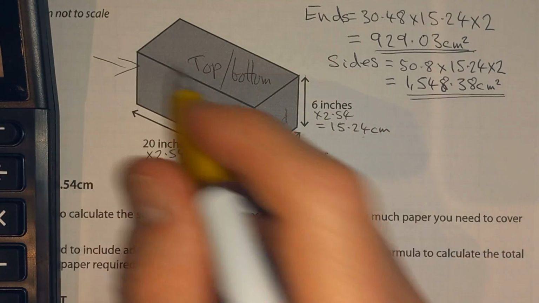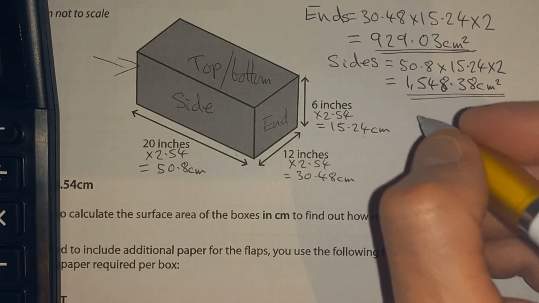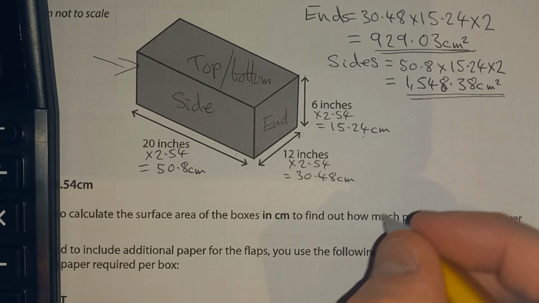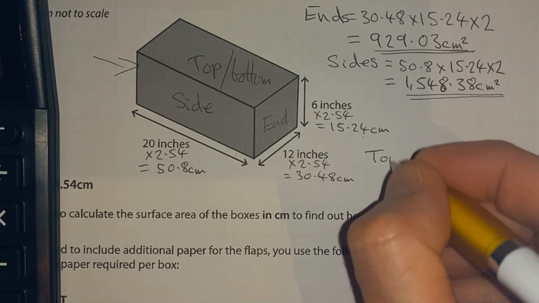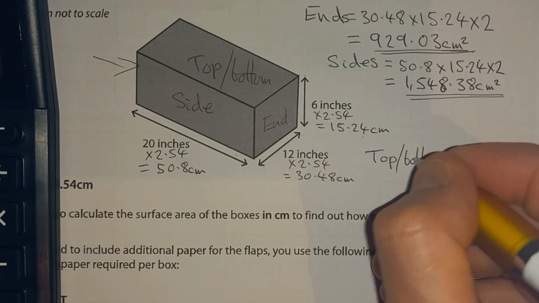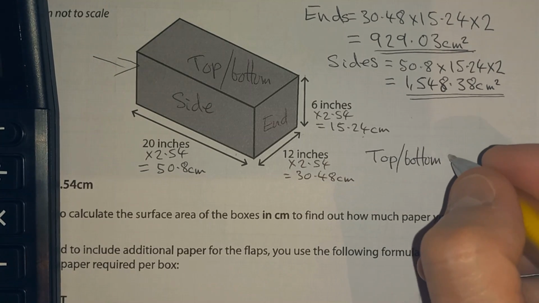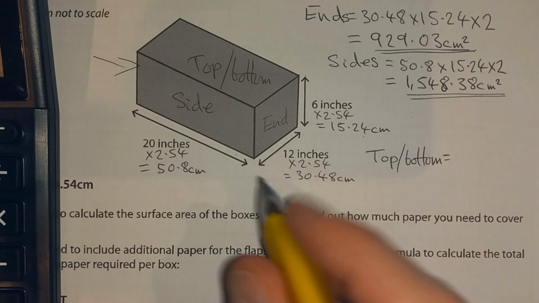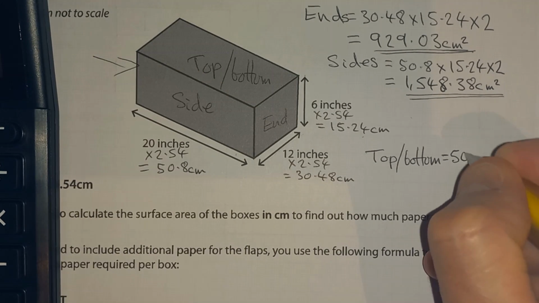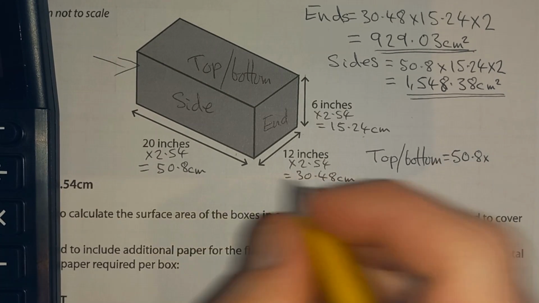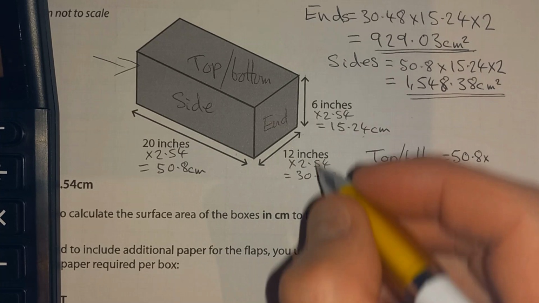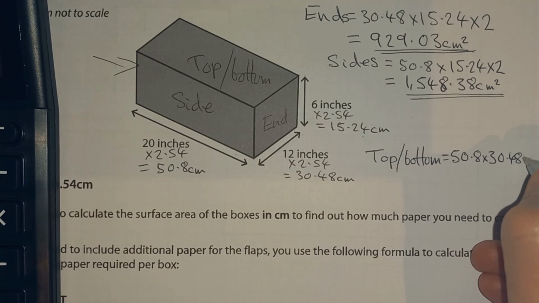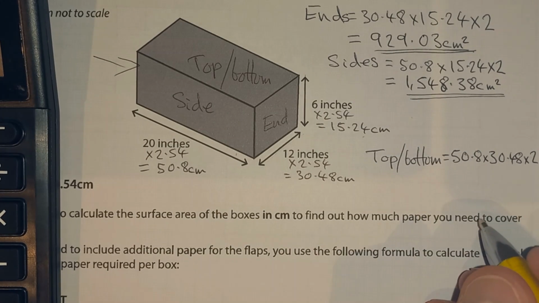So we've got the two ends, we've got the two sides. Now we want the top and bottom. Well, the length of the top is the same as the length of the sides. So 50.8. Then we want this measurement here, which is the 30.48. And again, there's two of them because we've got a top and a bottom.